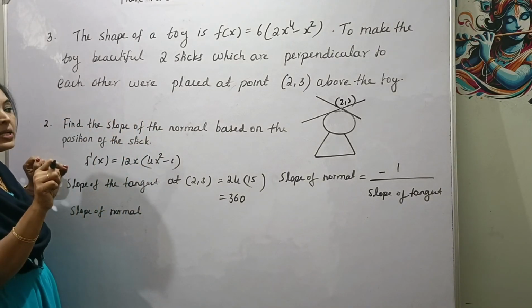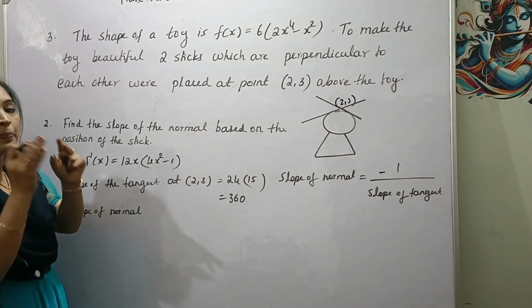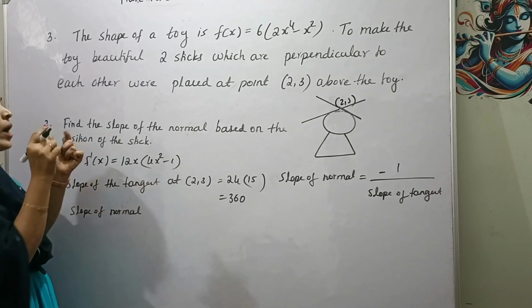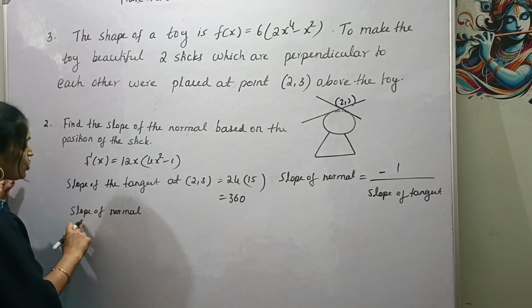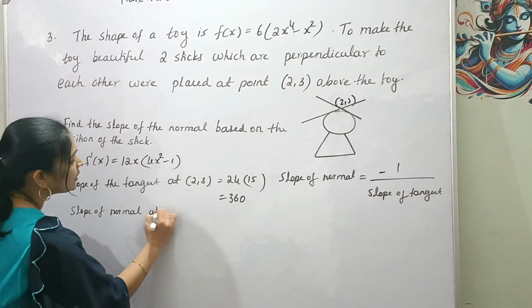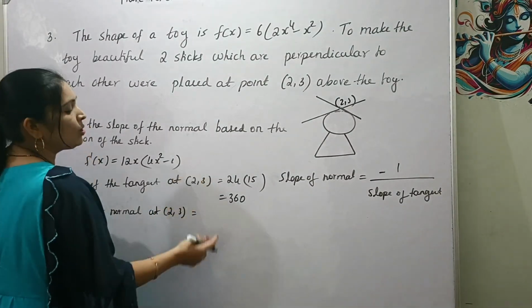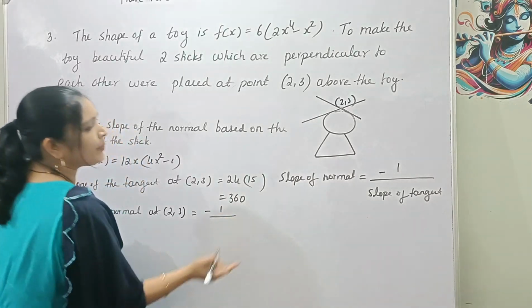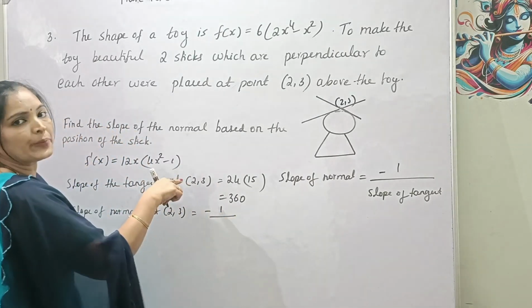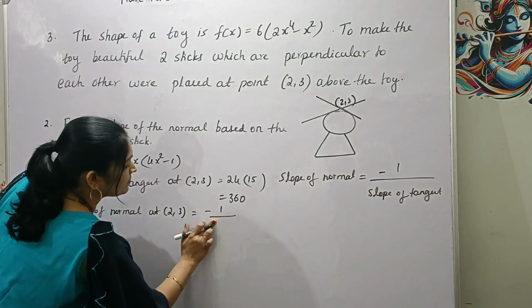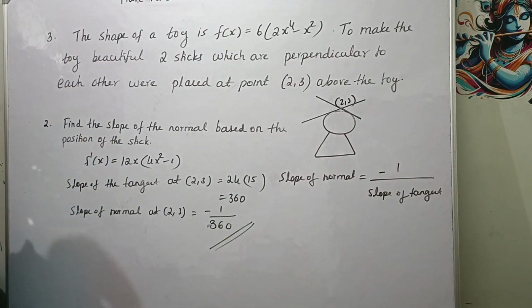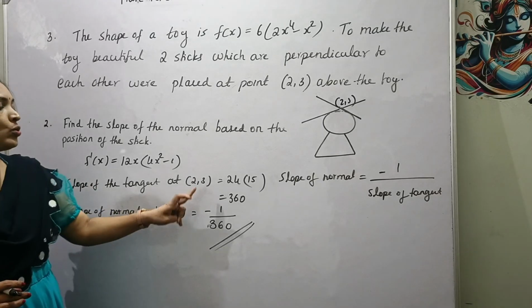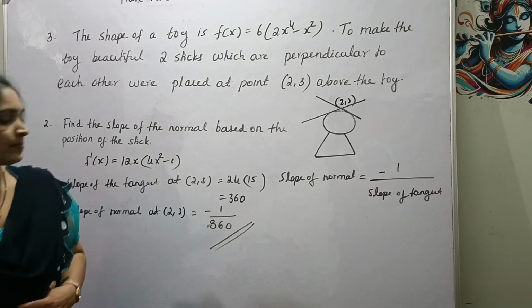What is the position of the stick? The sticks are placed at the point 2, 3, right? So at 2, 3, we have to find the slope of the normal, okay? So slope of the normal at 2, 3 is equal to minus 1 divided by slope of the tangent at 2, 3, that is 360. So minus 1 by 360 is the answer. Slope of the normal at 2, 3 is equal to minus 1 by 360.